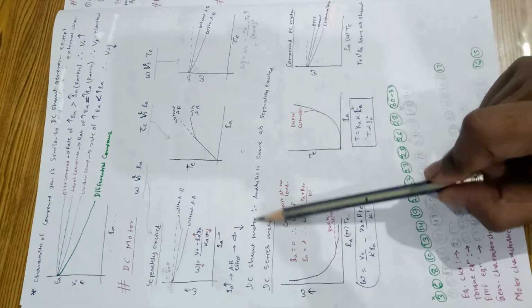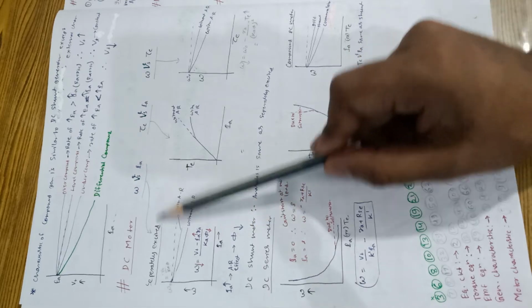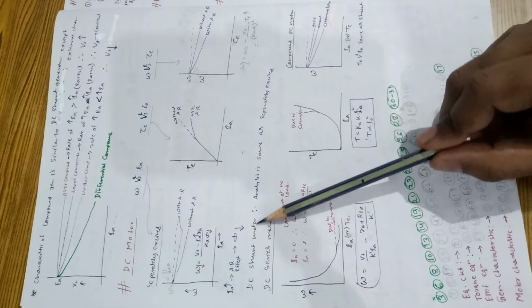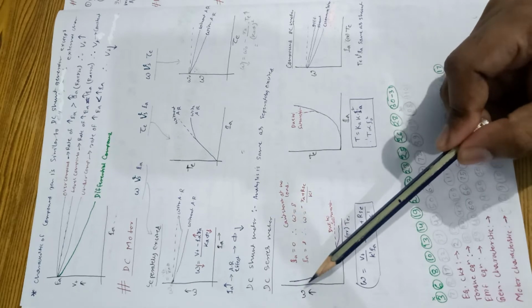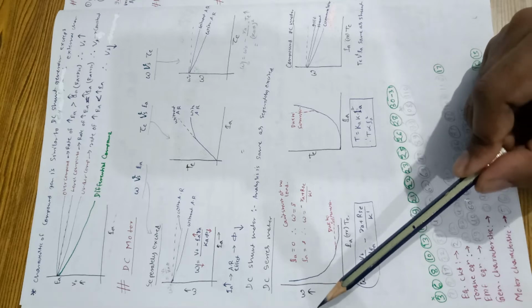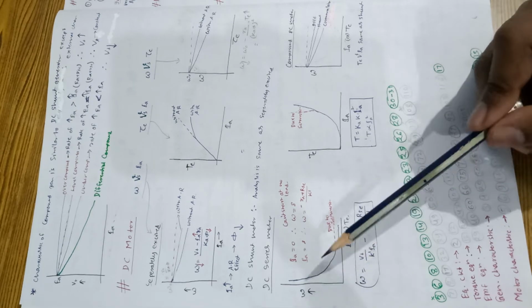And for the DC shunt motor, we have to study the same thing, keep in mind. And for the DC series motor, we have the same characteristic for speed versus IA and speed versus torque.